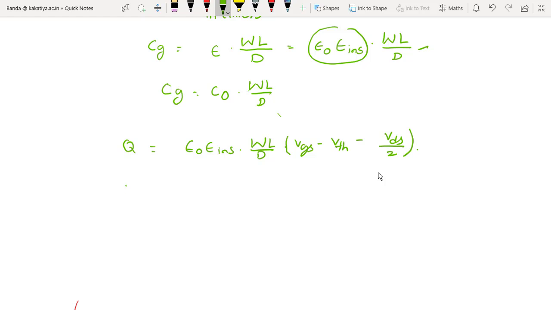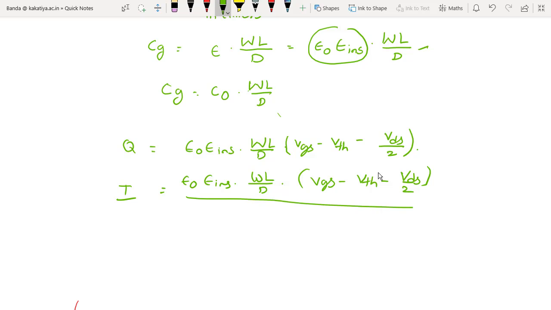Now what is the I? I is nothing but Q by tau. What is the Q value? Epsilon naught, epsilon insulator, WL by D into VGS minus VTH minus VDS by 2, divided by tau.